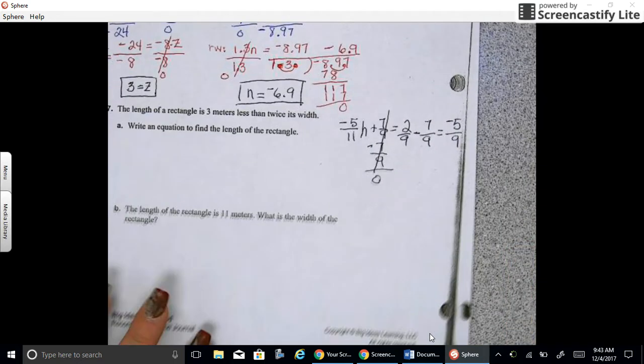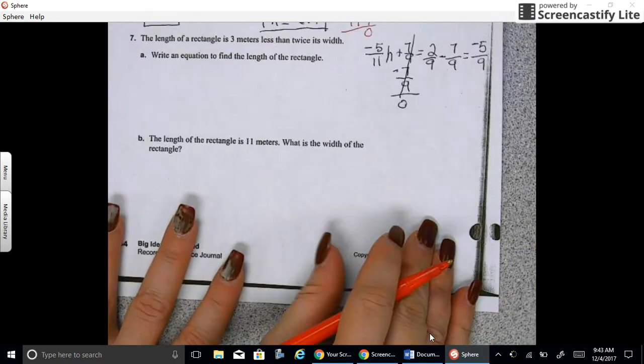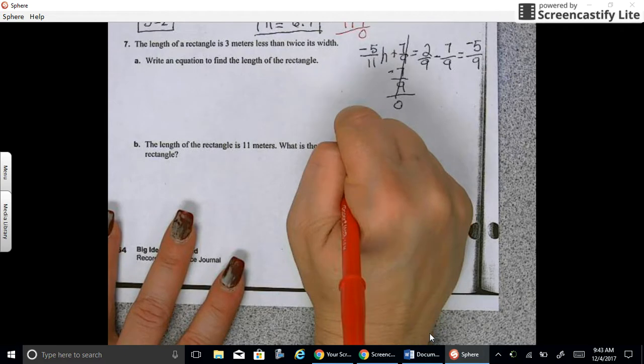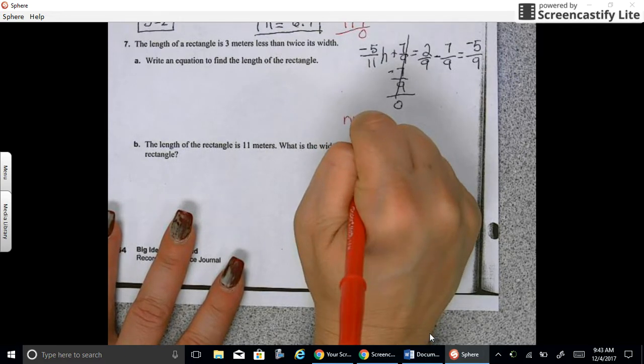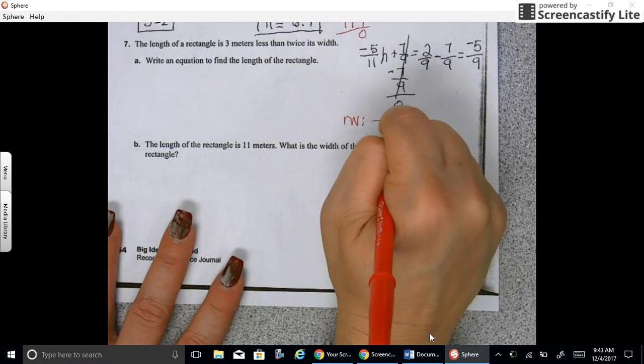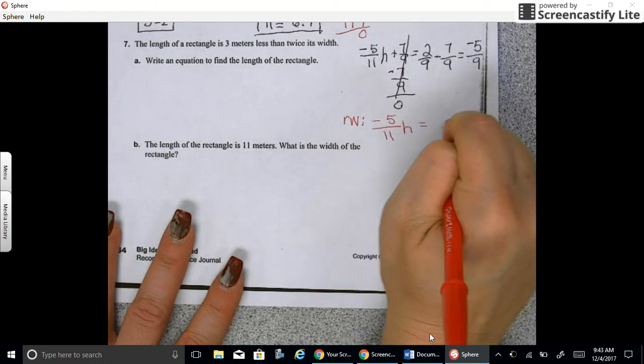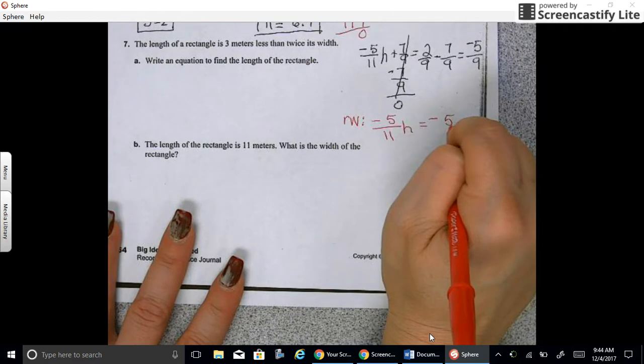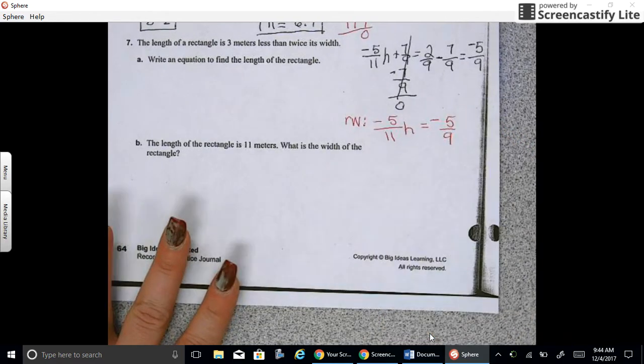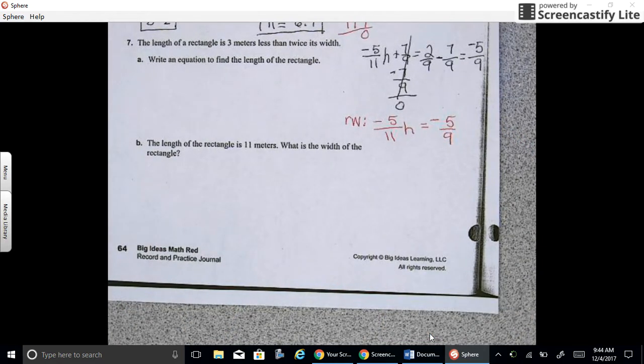So now I'm going to rewrite what I have left. What I have left is negative 5 over 11h equals negative 5/9. So what kind of problem is that? Is that add, subtract, multiply, or divide? Michelle, when you look at that problem, what does it look like?